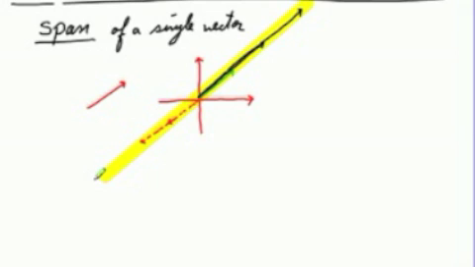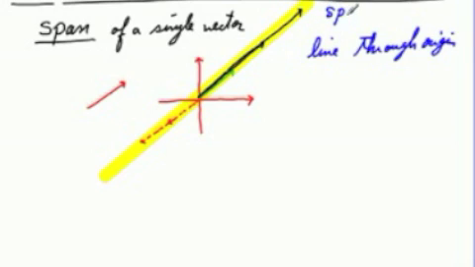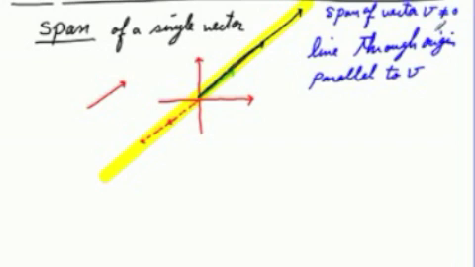The line that is indicated by a vector and passes through the origin is simply called the span of that vector. So it's a line through origin that's parallel to the vector you are interested in. So we are talking about span of a vector V is a line through origin which is parallel to V. For this whole thing to make sense, of course, we must have a vector of some size or magnitude.